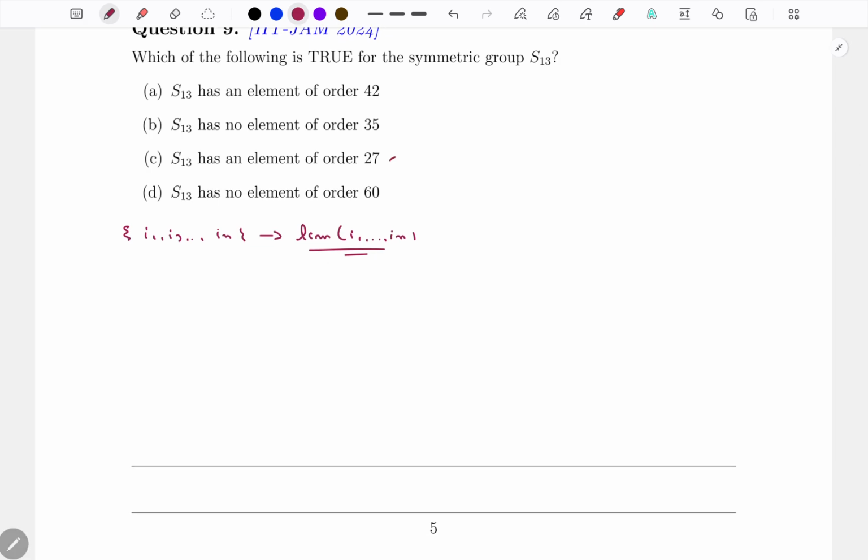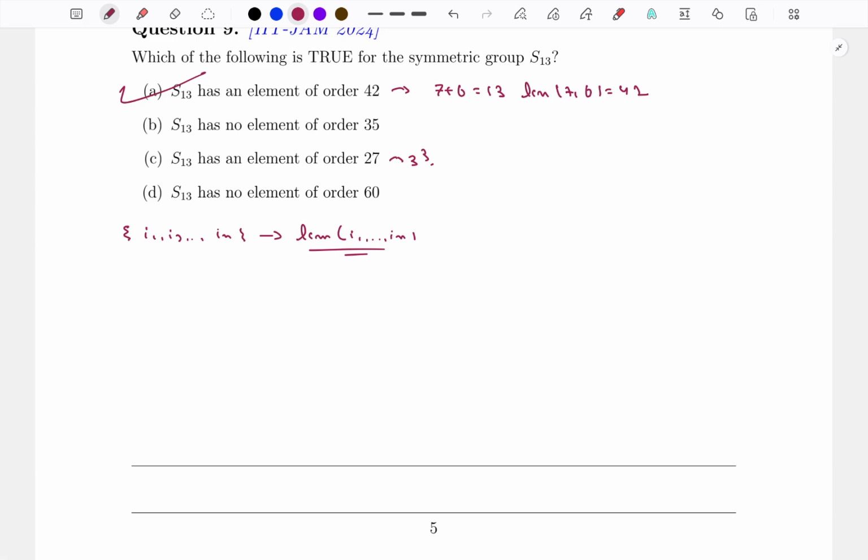Okay, see, 27 is 3 cubed, so you probably won't get a partition which has LCM 27. See, here you have 7 plus 6 equal to 13, and the LCM of 7 and 6 is actually 42. So this does, and we're done. Right?